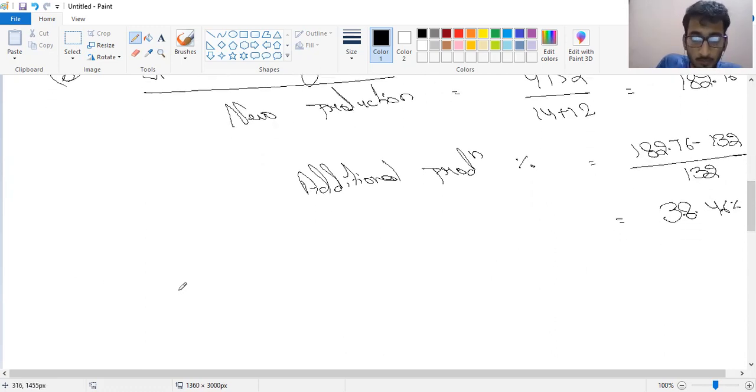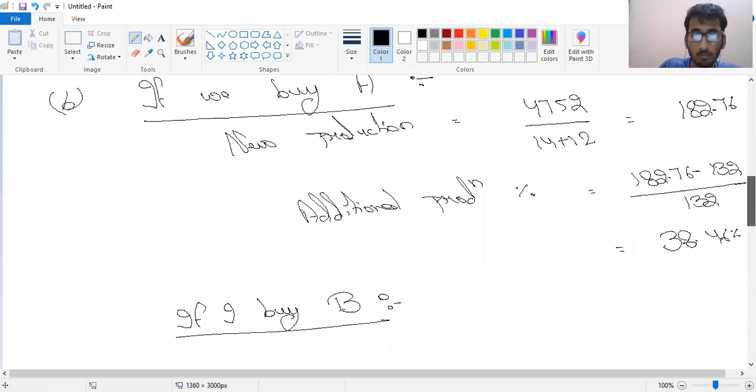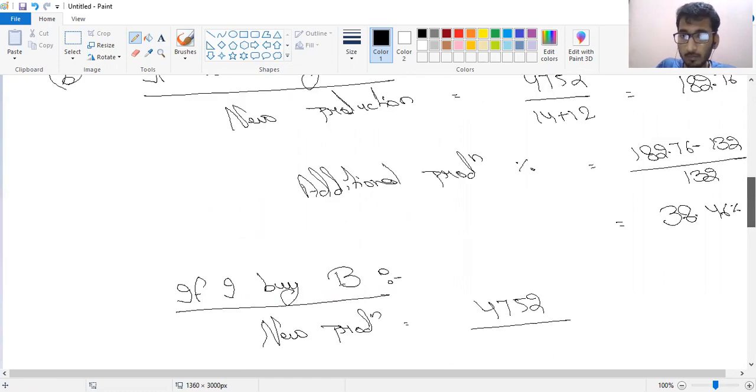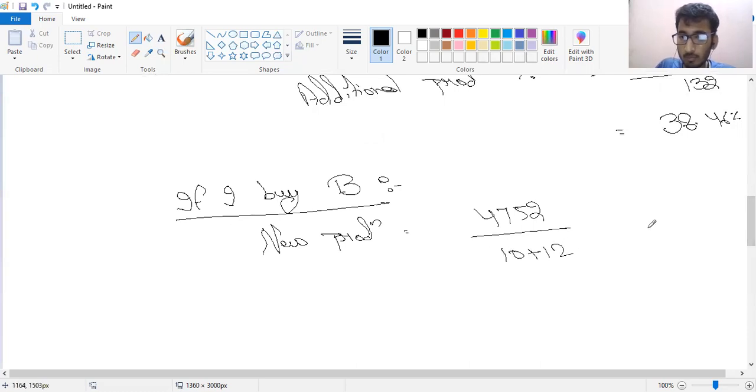Now, second option is if I buy B from outside, what would be the new production? New production would be 4752 divided by 10 plus 12. 4752 divided by 22.